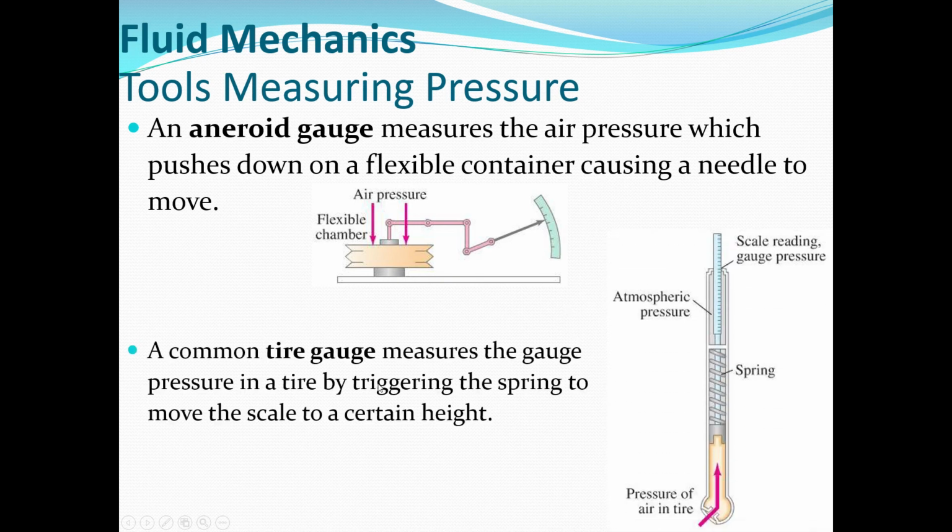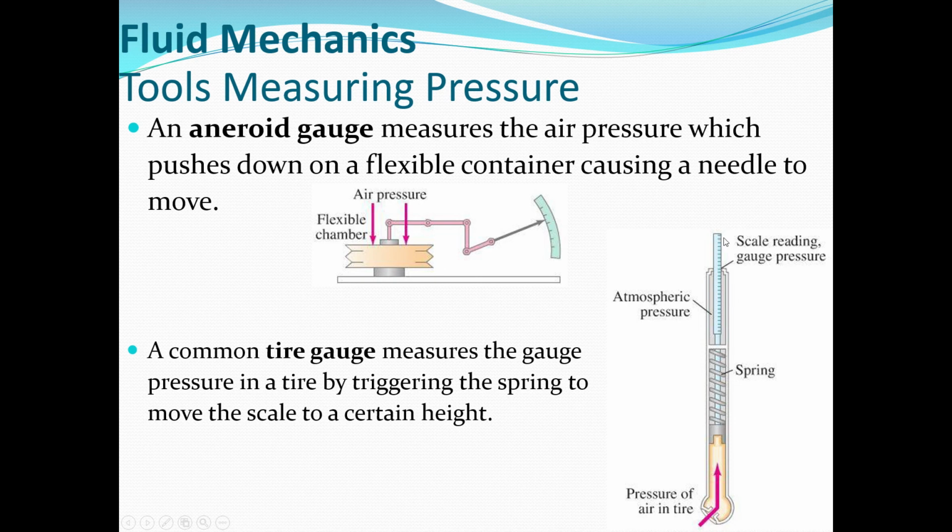Now, the most common gauge pressure that everyone's probably used before works the same way. You put one end into the tire. The difference in pressure causes this pin to go up, and the amount that it goes up is used to find the excess pressure inside the tire versus the atmospheric pressure, because the atmospheric pressure is pushing down.